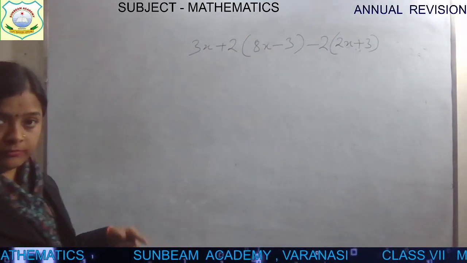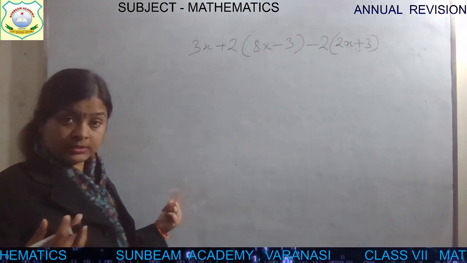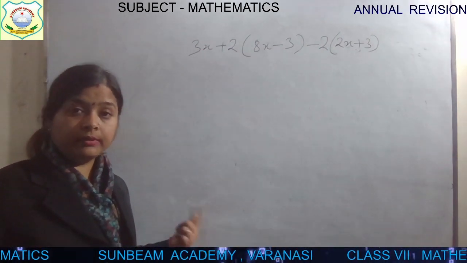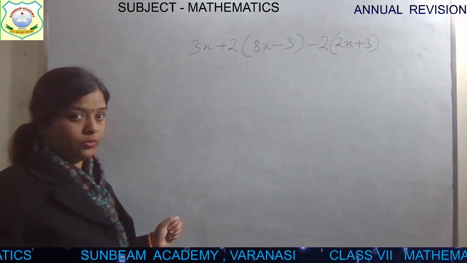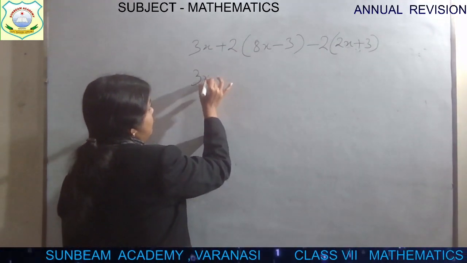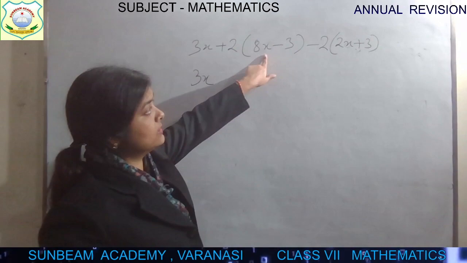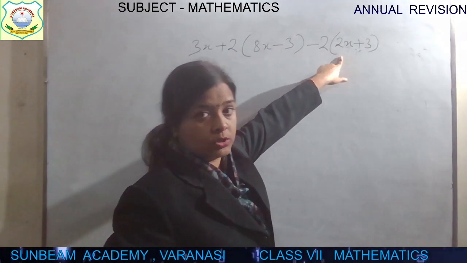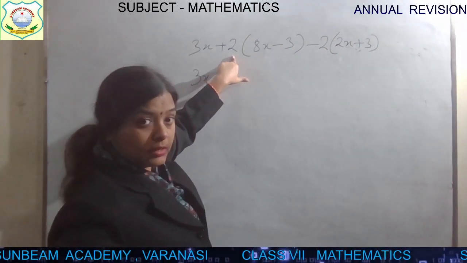Okay, this we are having. Now we have to find out the product. We have to simplify it and then we will put the value of x as 2 and finally we will solve it. Okay, so 3x. Now we will focus on the bracket. Here it's one bracket and another bracket, so we will multiply this one.